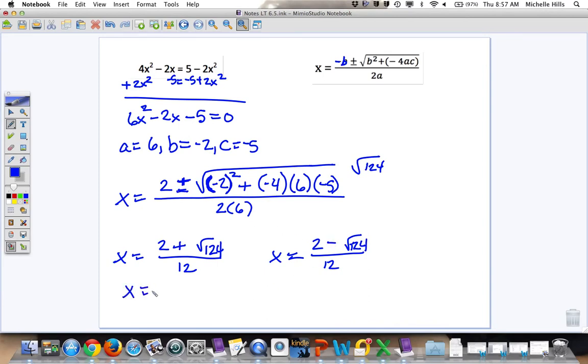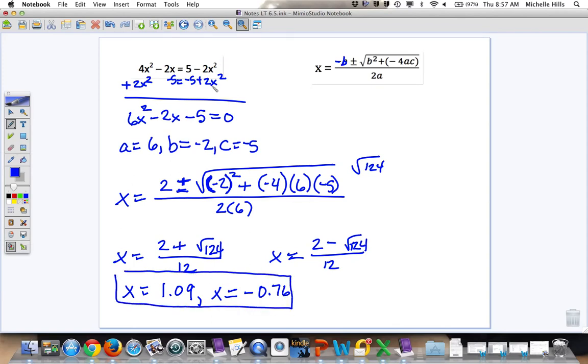So I'm going to plug in 2 plus the square root of 124 equals, don't forget the equals, divided by 12 equals, and this x is 1.09. And then 2 minus the square root of 124 equals, divided by 12 equals, and this one is x equals negative 0.76.